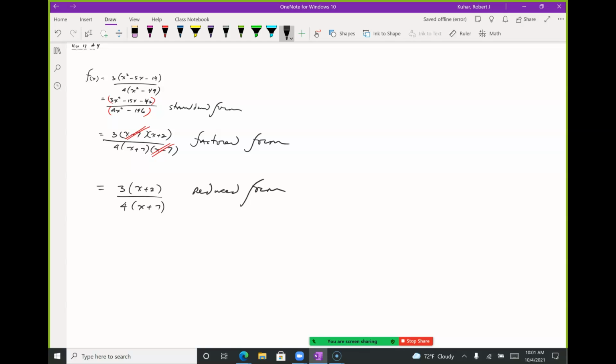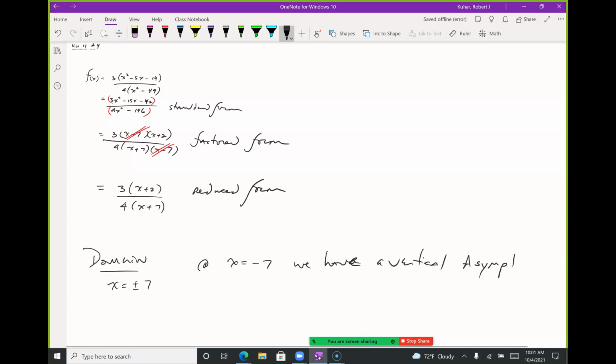So, what's my domain? I need to get that from my factored form. X should not be plus or minus 7. Even though it reduces. Okay. So, what's interesting here is at x equals negative 7, we have a vertical asymptote, and at x equals 7, we have a removable discontinuity.